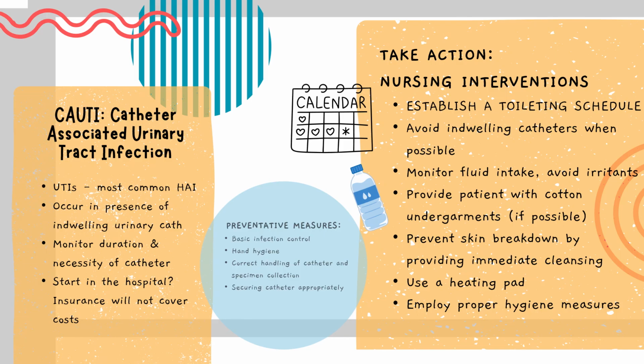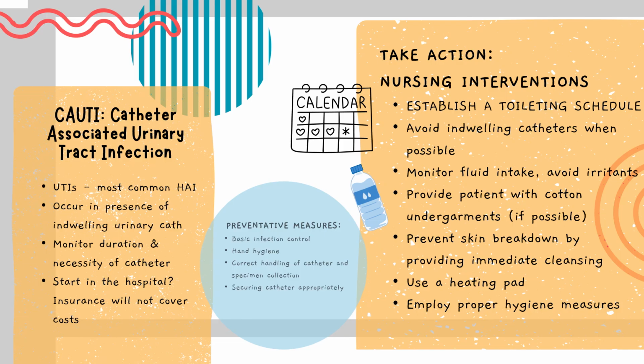Signs and symptoms are fairly much the same as somebody that has a UTI, it's just that this is happening in the hospital now. Again, diagnostics are the same: urinalysis, urine culture, CBC. Treatment, ideally, will be removing that catheter on top of doing antibiotics.